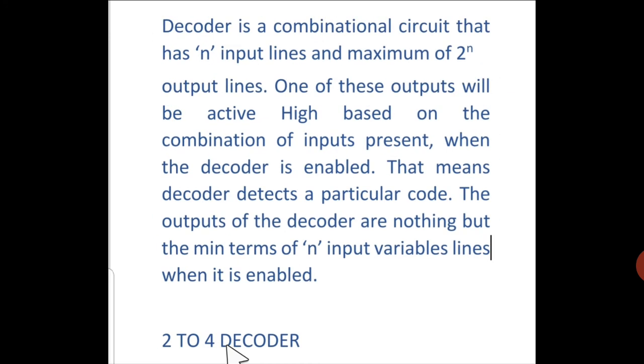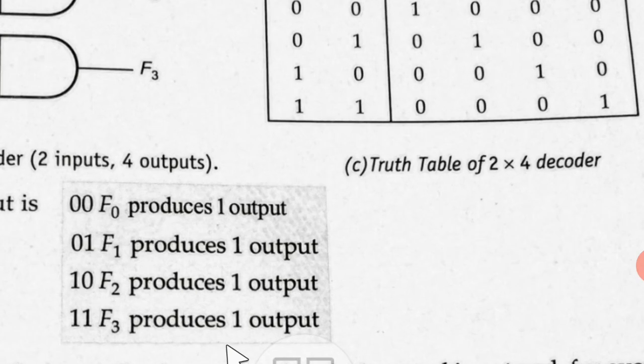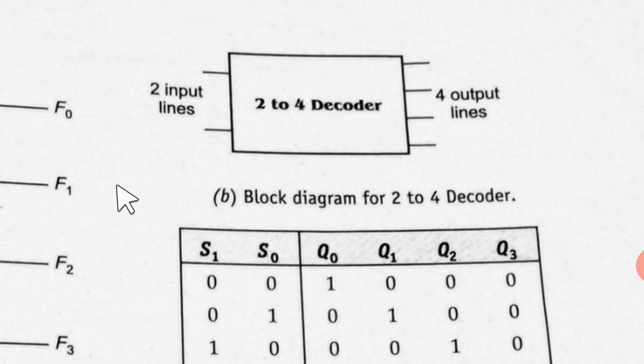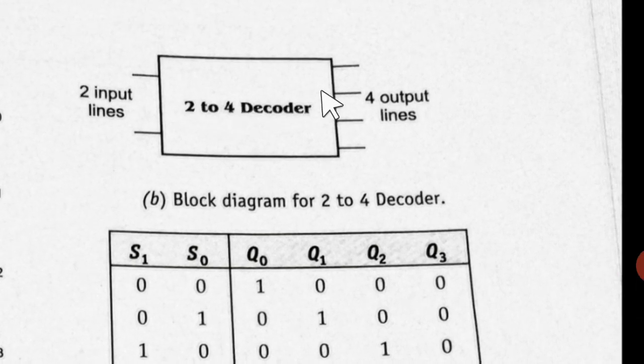Now students, here you can see a block diagram. You will first draw a box, that is the 2 to 4 decoder, and you will show two input lines and then four output lines.